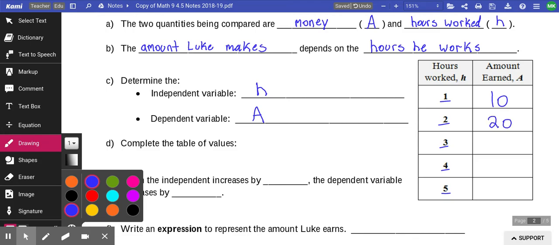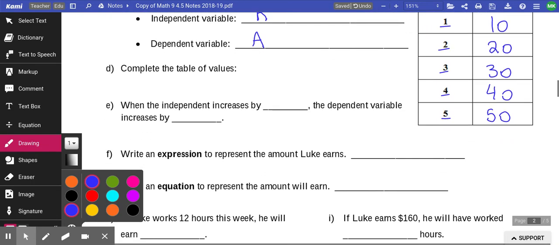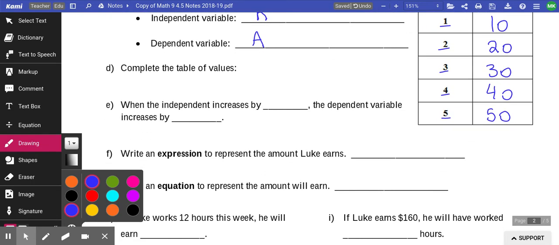If he works 3 hours, he would get $30, $40, $50. And you notice that it's going up $10 every single time he works another hour. When the independent increases by 1, the dependent variable increases by 10.